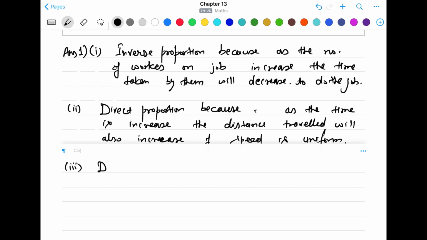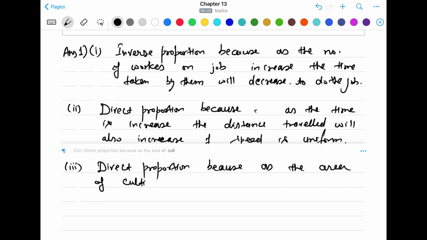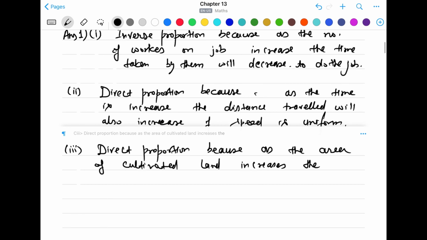So we'll write this as direct proportion, because as the area of cultivated land increases, the crop harvested will also increase.